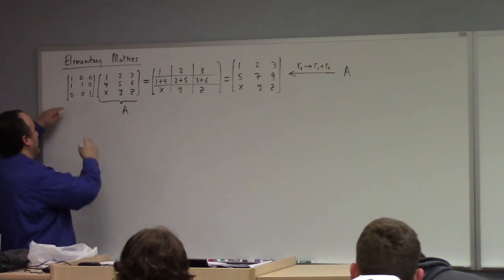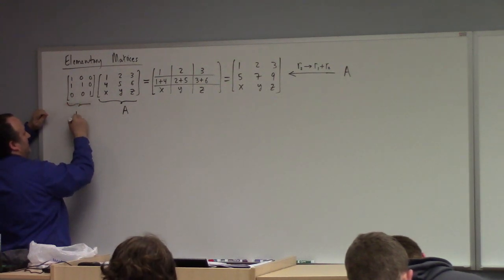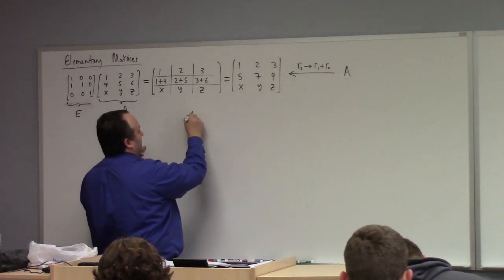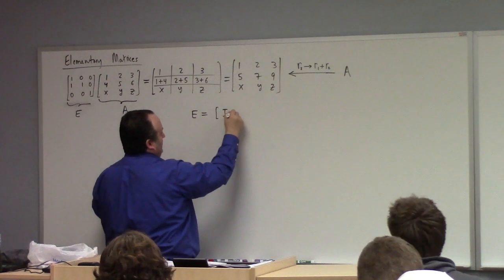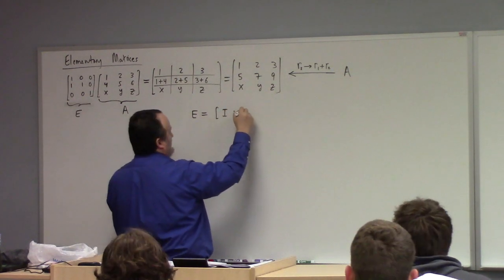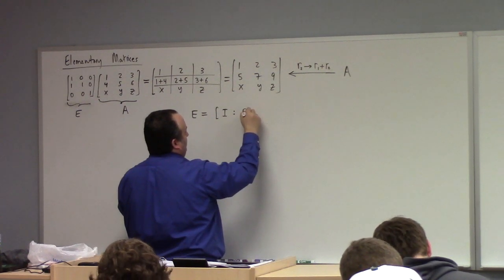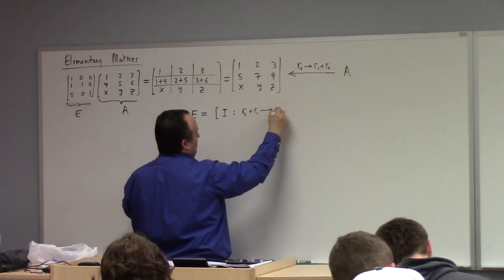So this is A, I'm multiplying this by E. This is an example of an elementary matrix. Now this elementary matrix, we could denote like this. It's basically I, such that we're taking row 2 plus row 1, and we're putting it into row 2, all right?